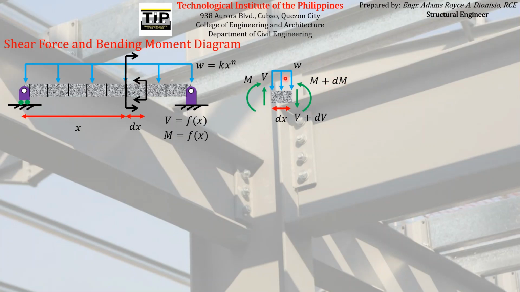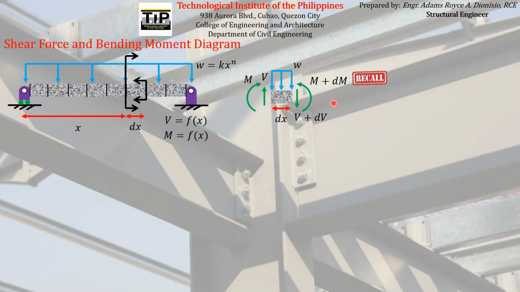So these are the external forces acting on this part of the beam. And take note, these green colored forces and moments are actually external with respect to this body, because these are internal forces exerted on this body by the adjacent bodies. So technically, these are external with respect to this body.